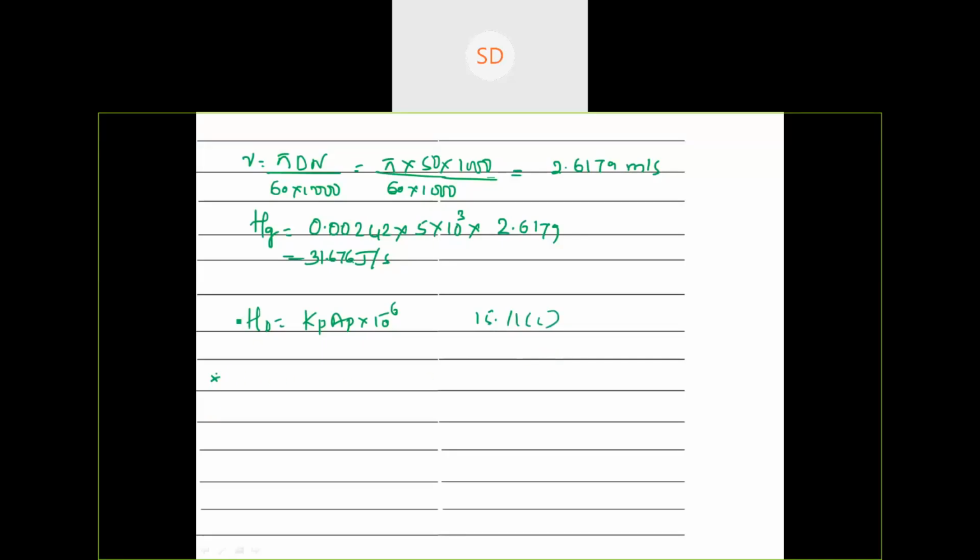Next, the amount of artificial cooling, whether required. So you just go for heat generated minus heat dissipated. If you get a positive value, then artificial cooling is required. If you get a negative value, then artificial cooling is not required.